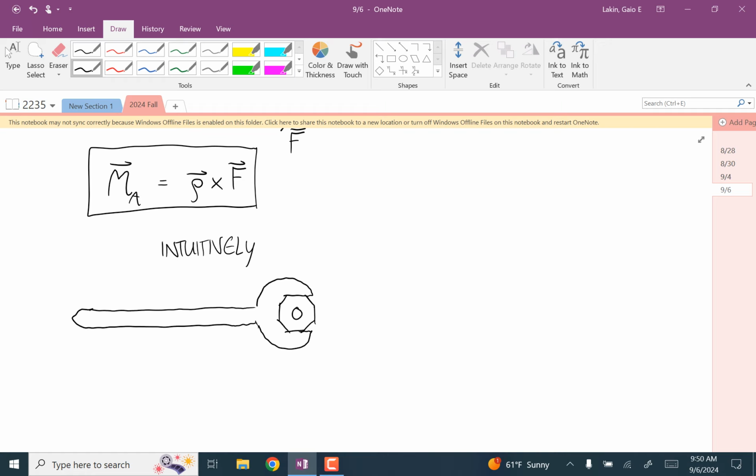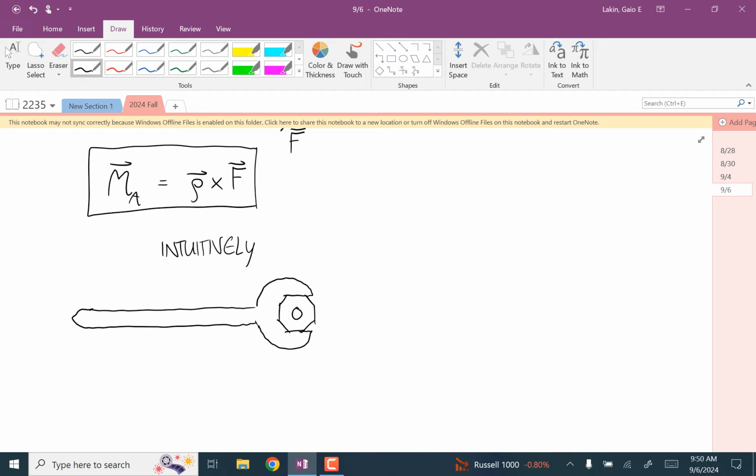Well, your best chance of getting this unstuck is to apply that force all the way at the end, right? You can apply that same force here, but it won't have the same likelihood of turning that bolt. And if you applied that force all the way here, you could apply 1,000,000 newtons of force right over the center of the bolt. Eventually the bolt would strip, it would break that thing, but it would never turn it.